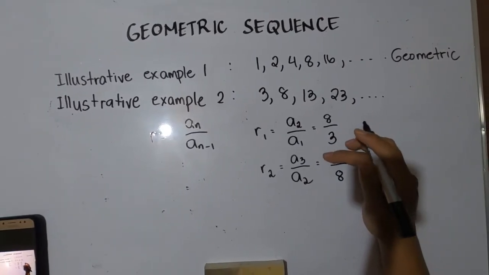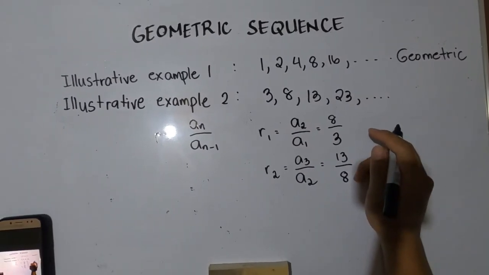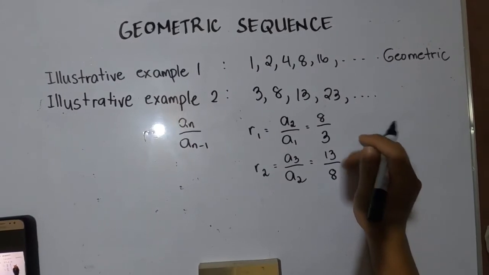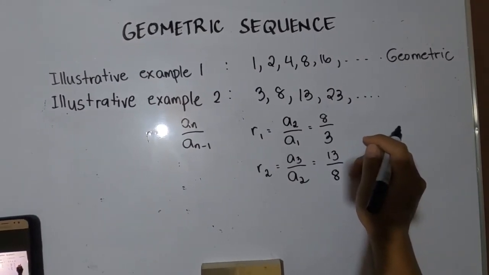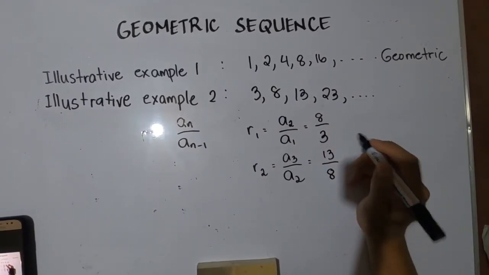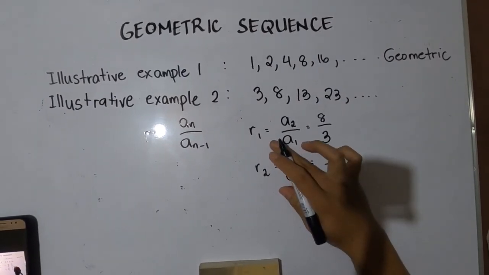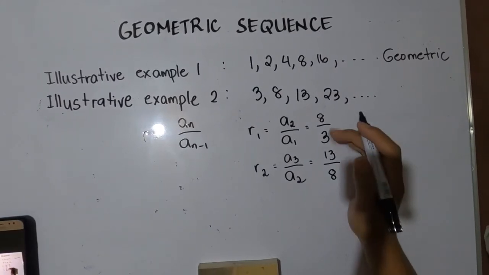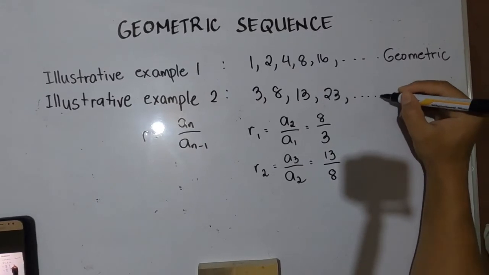The ratio of the third term and the second term is 13 over 8, because 13 and 8 do not have a common factor, it cannot be simplified. Therefore, the ratio of the third term to the second term is 13 over 8. As you will notice, r sub 1 and r sub 2 are not the same. So clearly, we can tell that this sequence is not geometric.